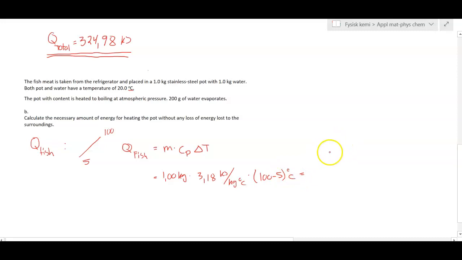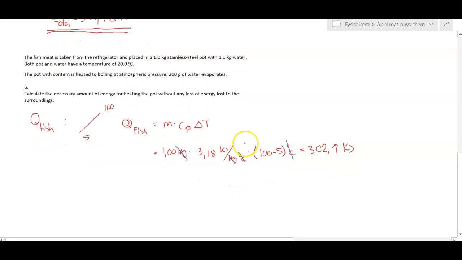So that equals 302.1 kilojoules. And units cancel, centigrades, kilos, leaving us kilojoules. So Q fish is taken care of.